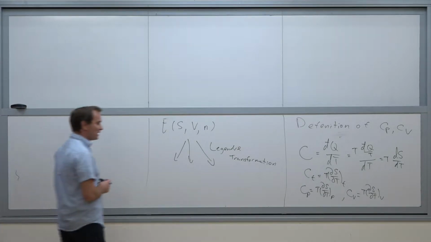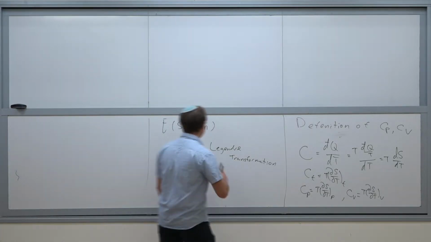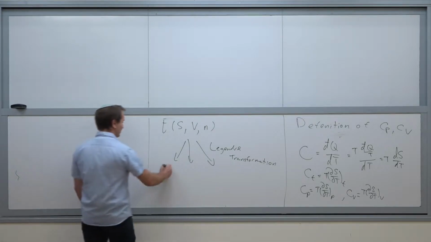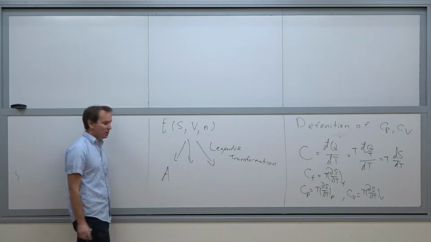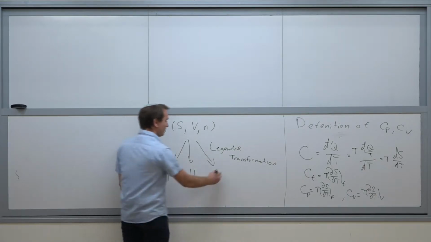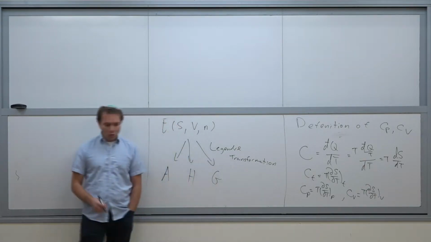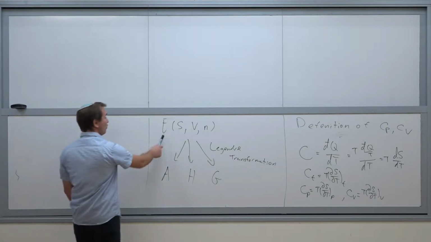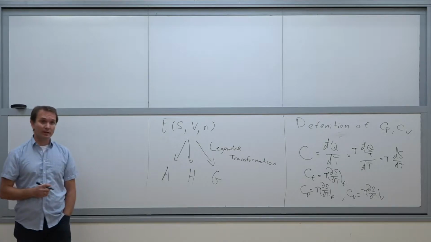So in order to describe equilibrium, to describe our state, we don't always have to use the energy. We can use Helmholtz free energy, or enthalpy, or Gibbs free energy, or whatever Legendre transformation of our energy.